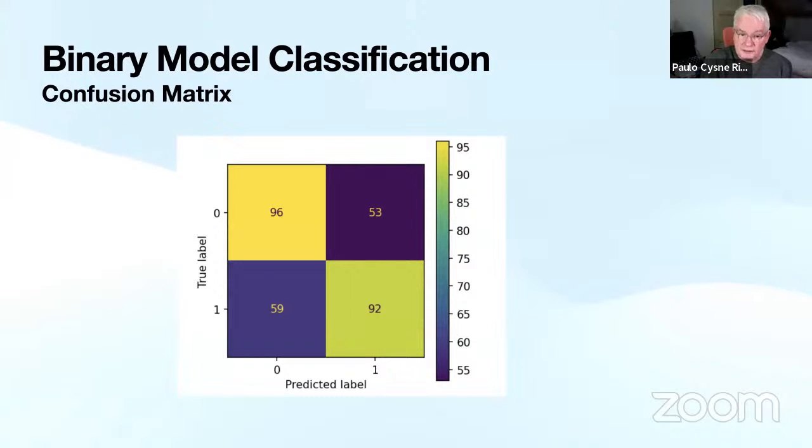So it was a mistake. And in the one below, the 59 instances, the true class is 1, and the model classified them as 0. So there was a mistake. And we're going to learn about this now.